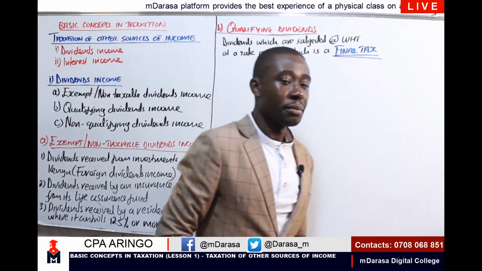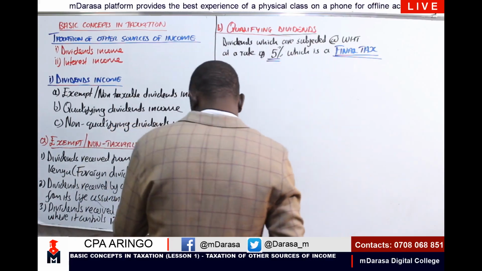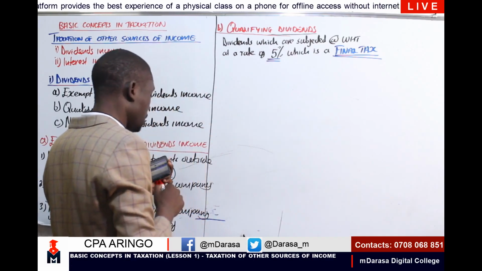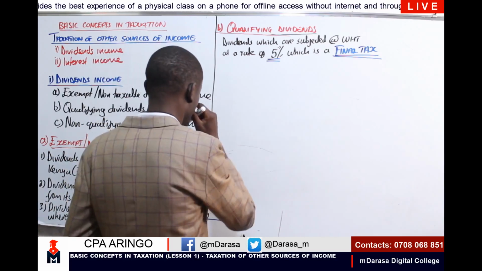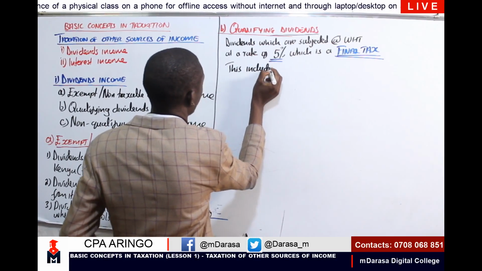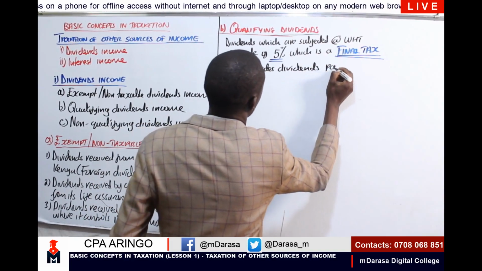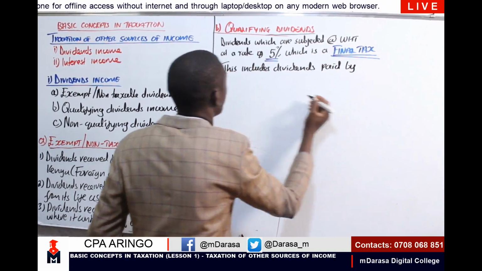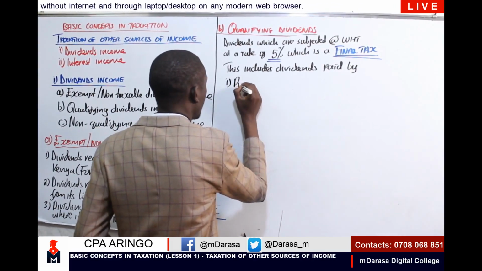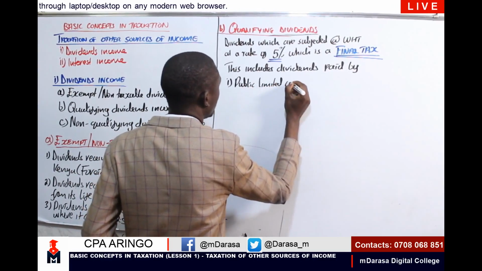Key element will be, what are the examples of this type of dividends? We can note that this includes dividends paid by, number one, public limited companies.